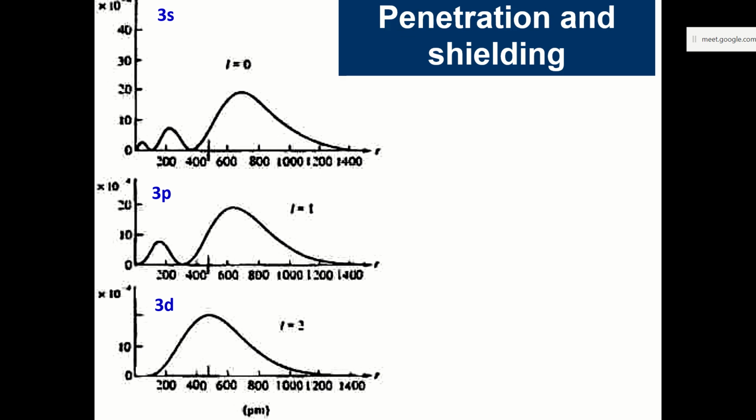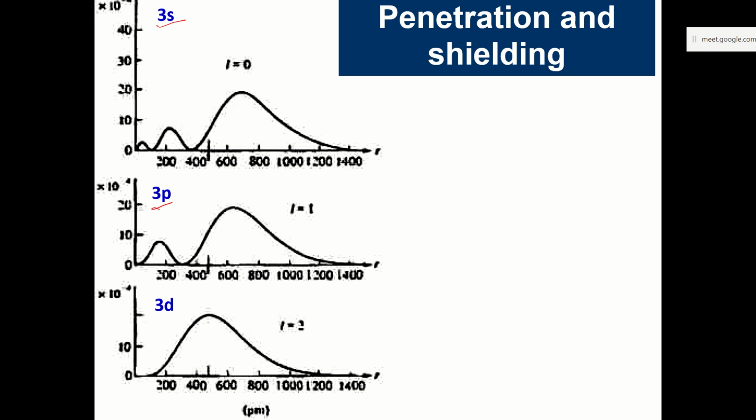Now this probability diagram that we discussed earlier, how is it related to the shielding? Let's see. You see here, very close to the nucleus, 3s, 3p, and 3d. This is the radial probability function.